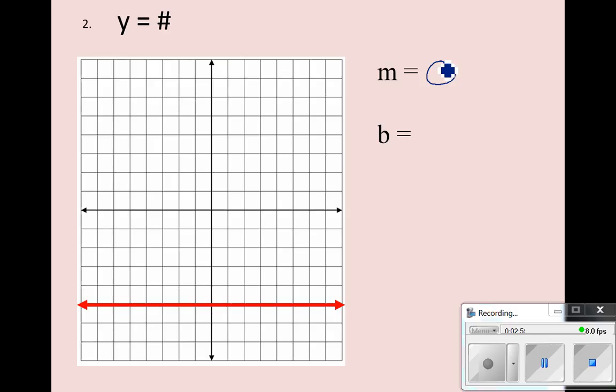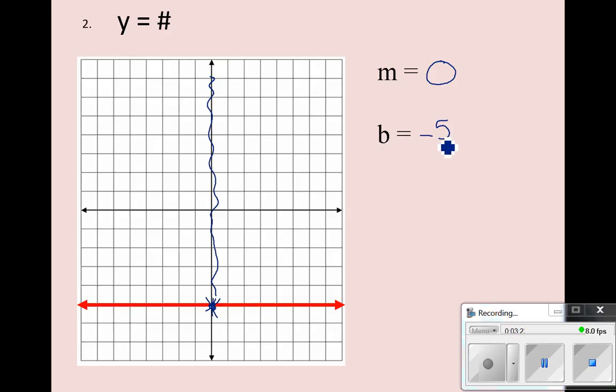What is the B? We have to figure out the B, which is the y-intercept. Well, let's look on the Y. Here's our y-axis. I'm going to go down and make a star there because that's where it's crossing. So what is our B going to be? Negative 5.